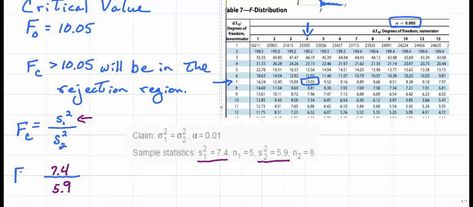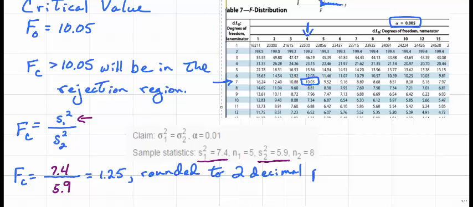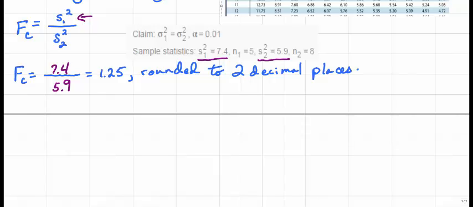And that means that F sub C is simply equal to this ratio, which is equal to approximately 1.25, which is what you're going to want to round to. So we round to 2 decimal places. And since that clearly does not fall in the rejection region, we know that this does not fall in the rejection region.